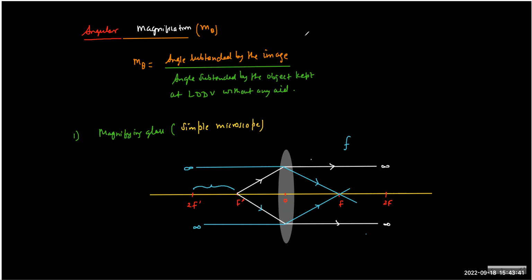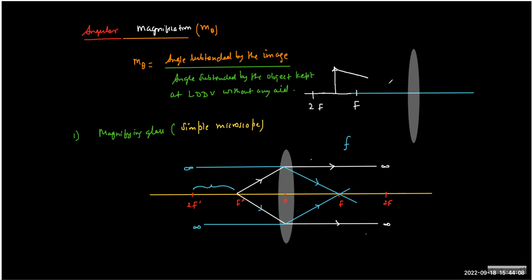If the object is between F and 2F, our goal is not the magnification of the object. Our goal is an increase in the size of the object. Which size? Angular size. So imagine a situation where my object is somewhere here.